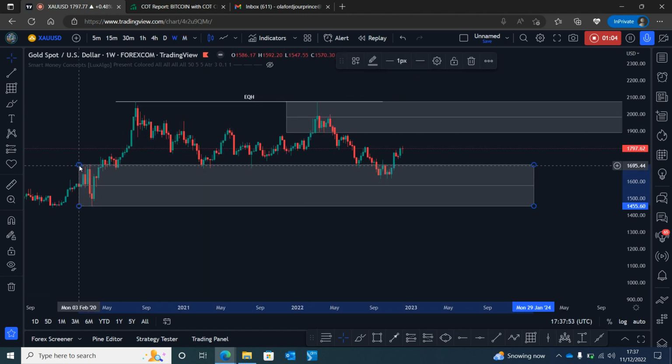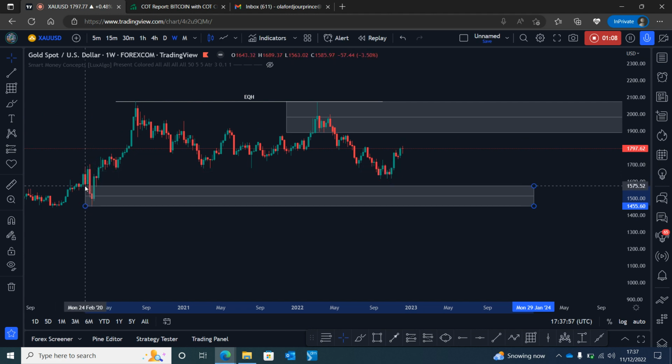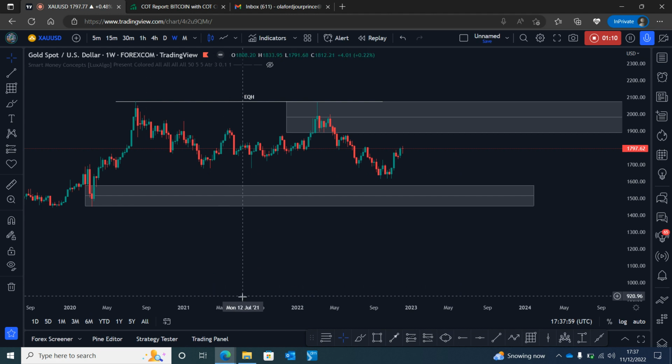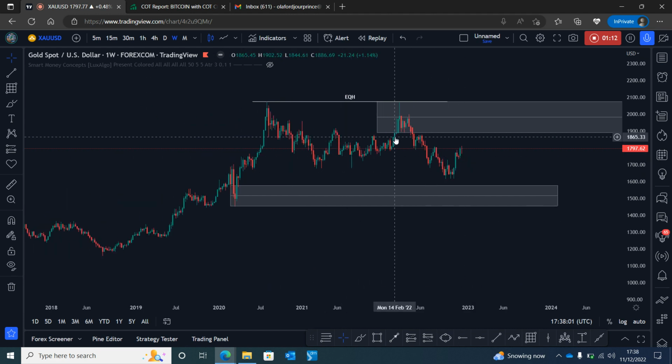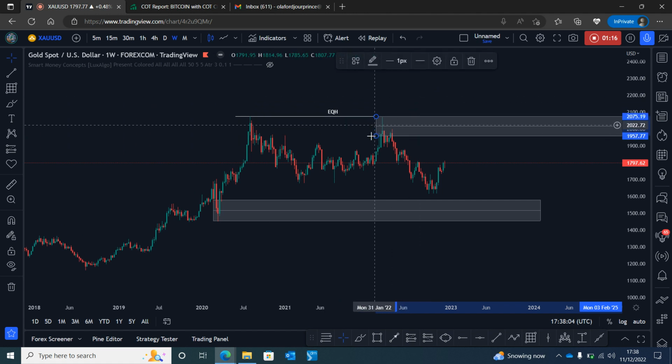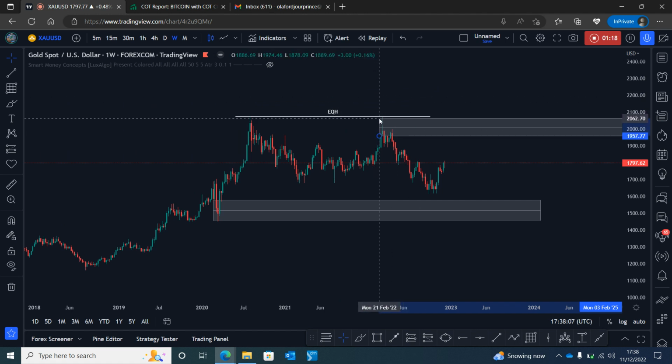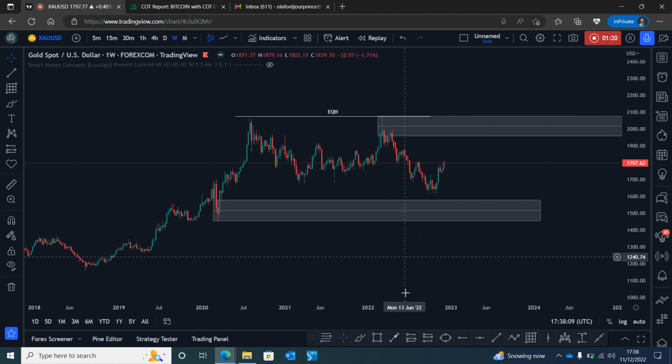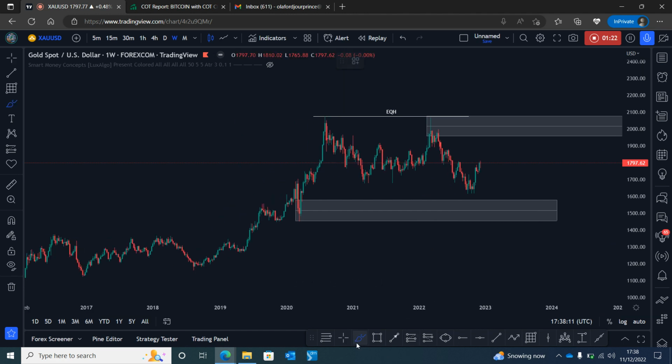So now we go on a weekly, we can identify that there's an order block on a weekly here, and our order block is here. As we can see, the market has been consolidating since March 2020, nearly since COVID started.